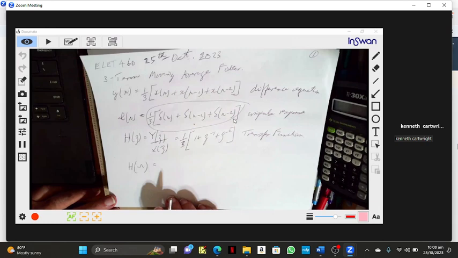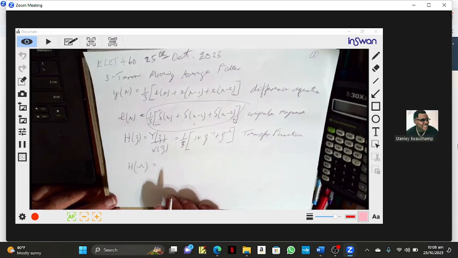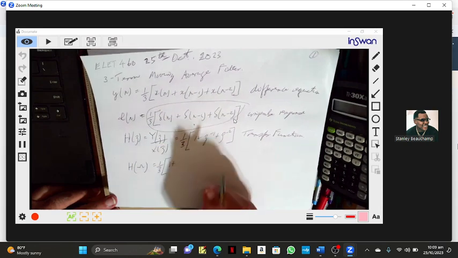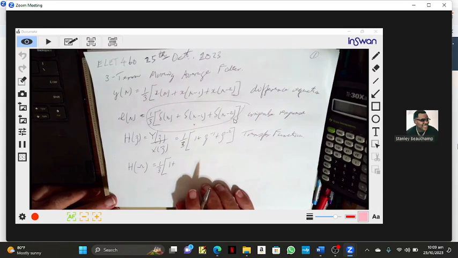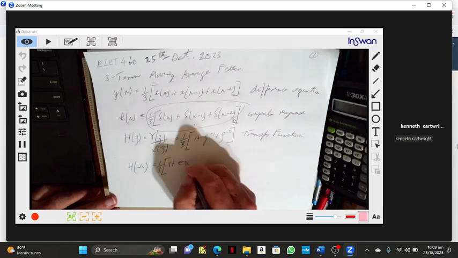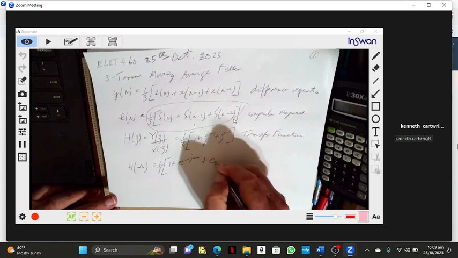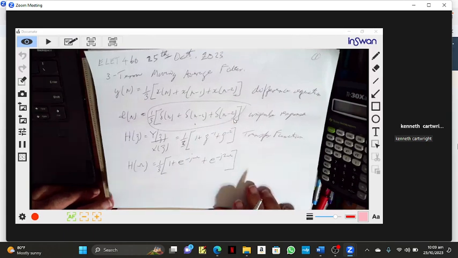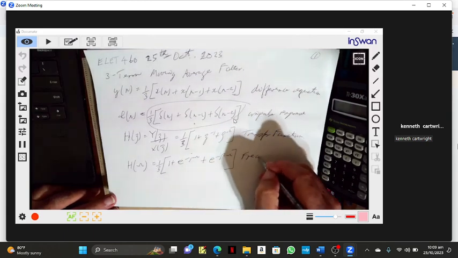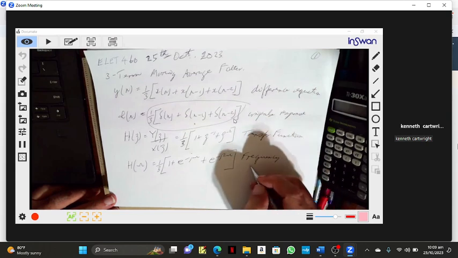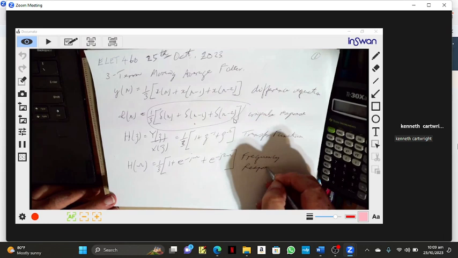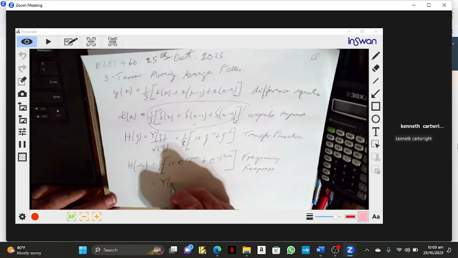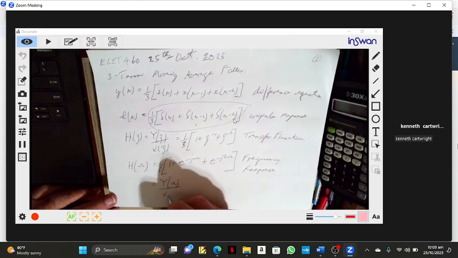e to the j omega, right? Yes. So this is e to the minus j omega. This here is e to the minus j 2 omega. And this is the frequency response, and this is also equal to Y of omega over X of omega.